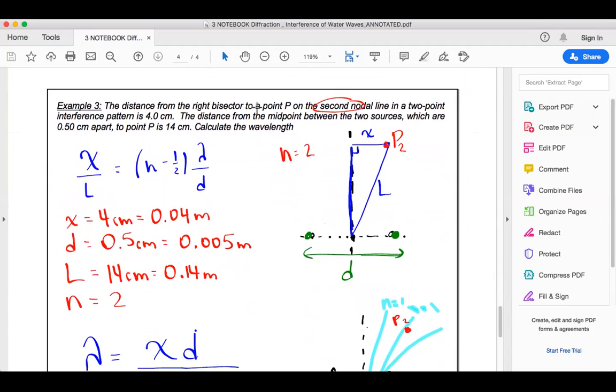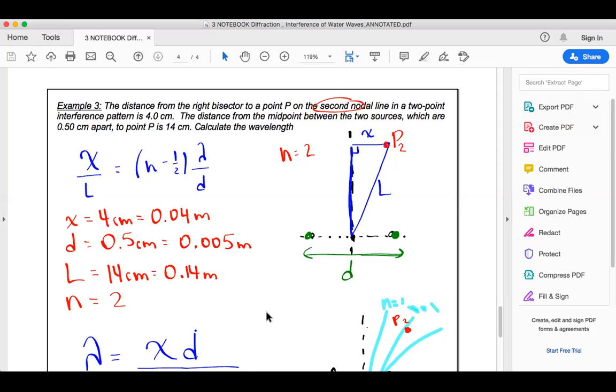The distance from the right bisector, oh yes, we're going to draw a diagram first, draw the 2 points, that horizontal line, and then the right bisector. The distance from the right bisector to point P is 4 centimeters, so that's x. And then the distance from the midpoint between the 2 sources to P is 14 centimeters. And then the distance between the 2 sources, that's 0.5 centimeters, that's d.